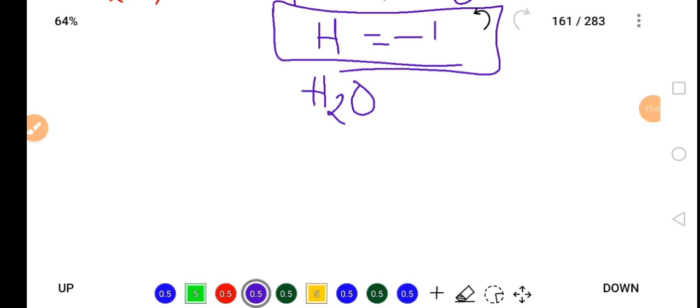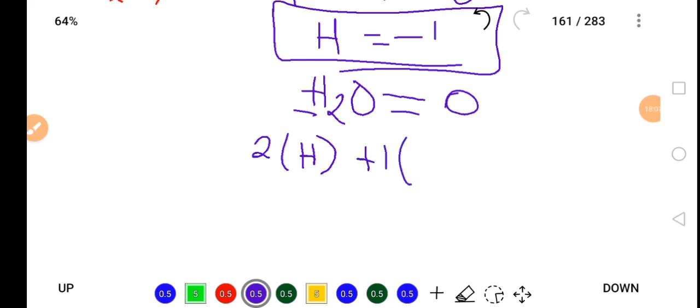Okay, so this compound is not charged, 0. We are looking for hydrogen, so it will be 2 atoms times the oxidation number of hydrogen, which is not known, plus we have 1 atom of oxygen. The oxidation number of oxygen is negative 2, equals 0.